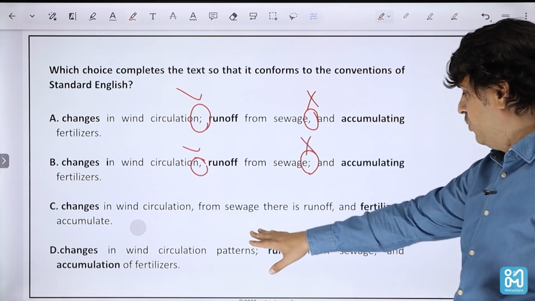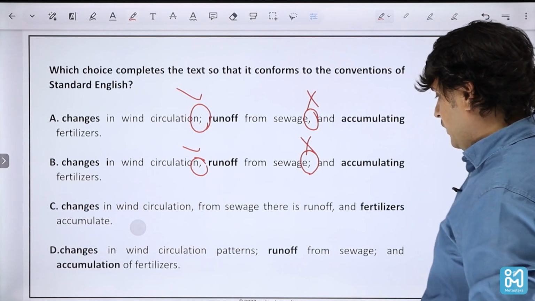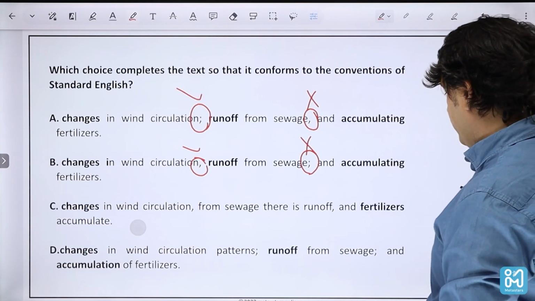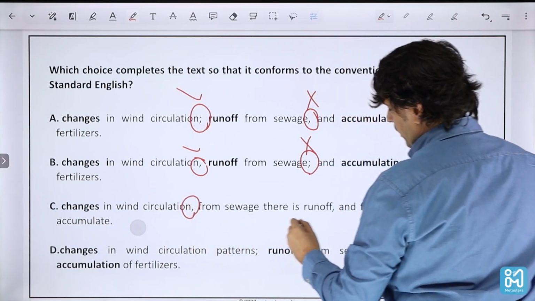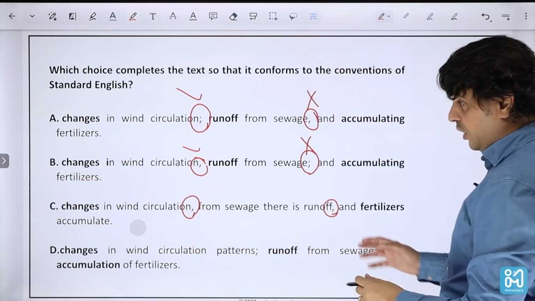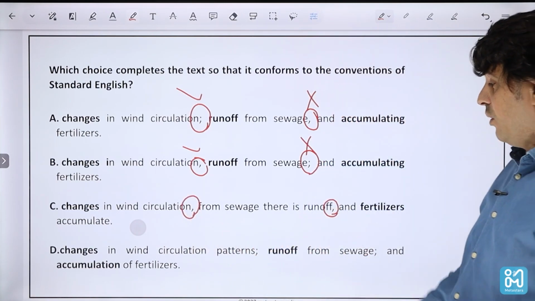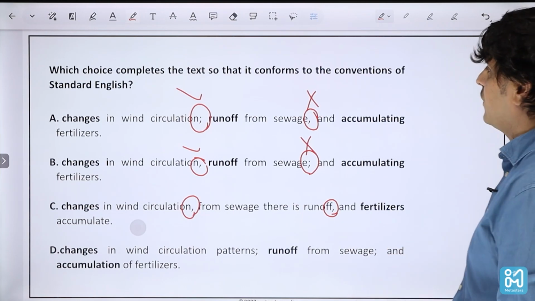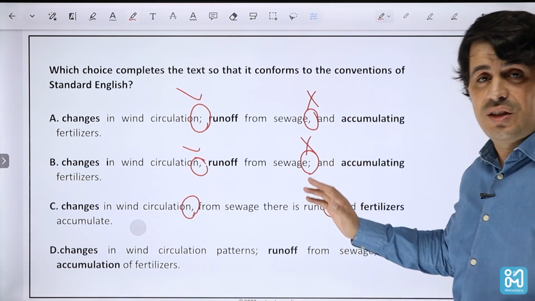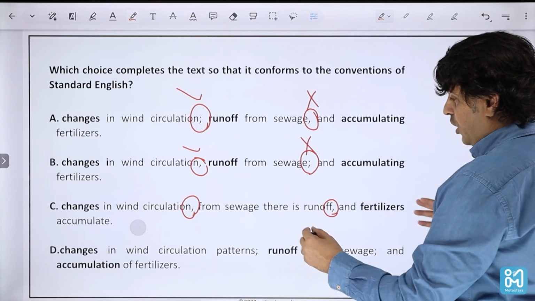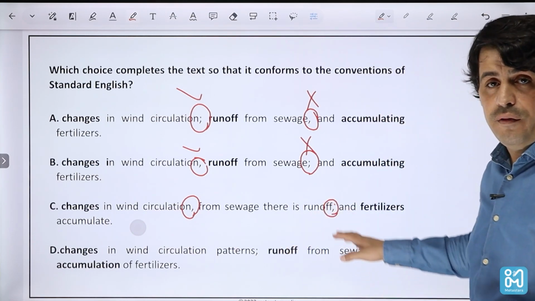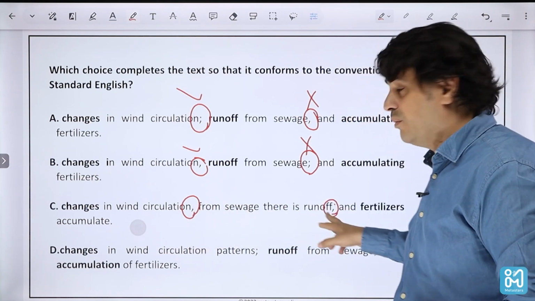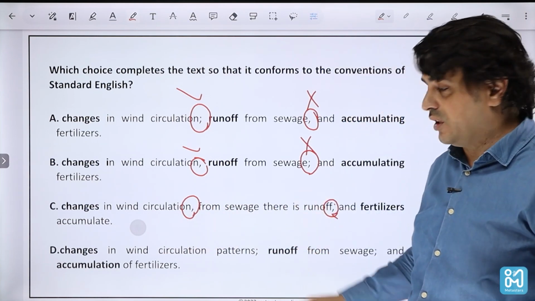If I have it the same way, guys, it can be right here, but I need to have it as a semicolon. If there's a comma here and a semicolon in the next one, this does not make sense.